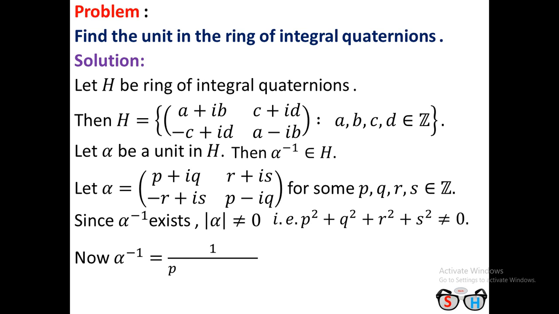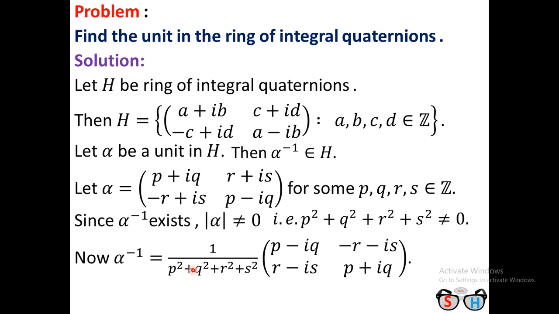Now, if you calculate alpha inverse, alpha inverse is the adjoint divided by the determinant of alpha, that is 1 by determinant of alpha times the adjoint. That is, you have to find the cofactor of P plus IQ. The cofactor of P plus IQ is P minus IQ, and the cofactor of R plus IS is minus of minus R plus IS, that is R minus IS. R minus IS is the cofactor of R plus IS.